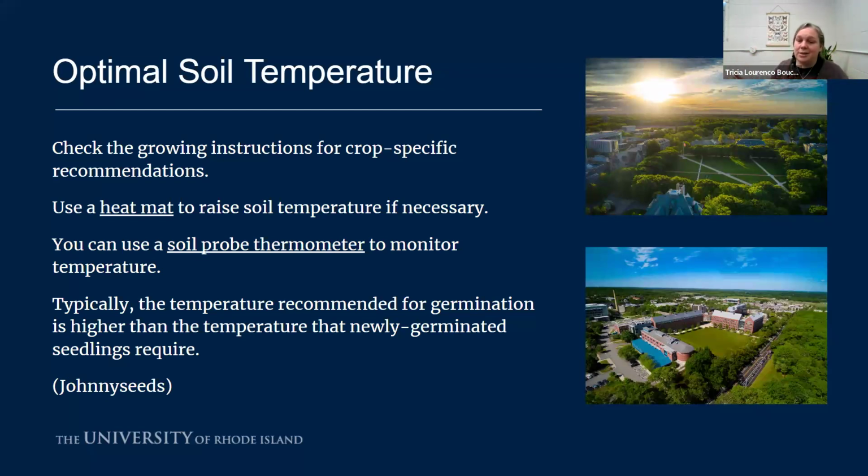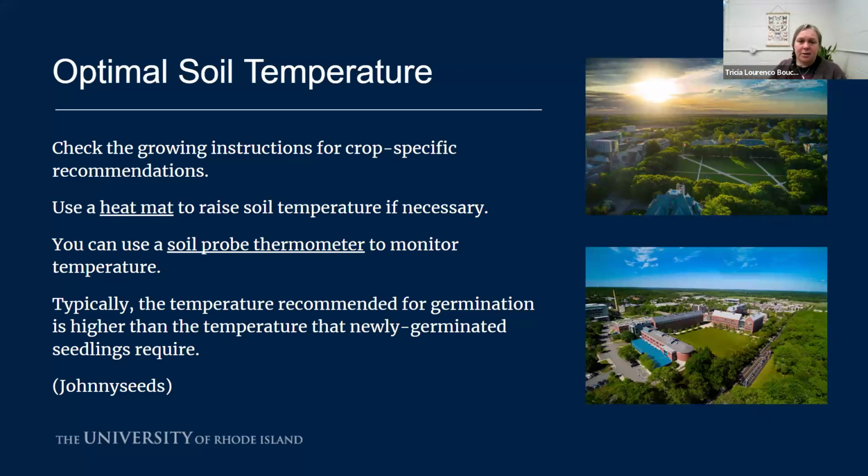So those seeds don't necessarily need heat to germinate. And then all of those summertime crops like the tomatoes and the peppers and eggplants, they like heat. They want to be warm, so they're going to need a warmer soil to germinate.